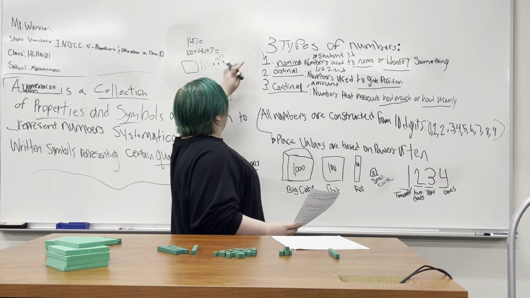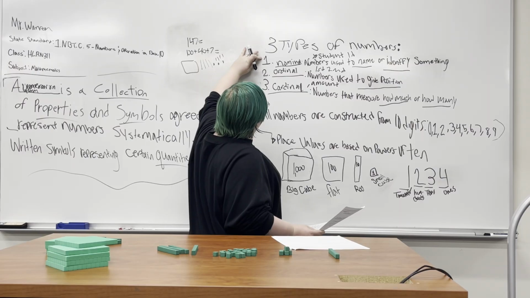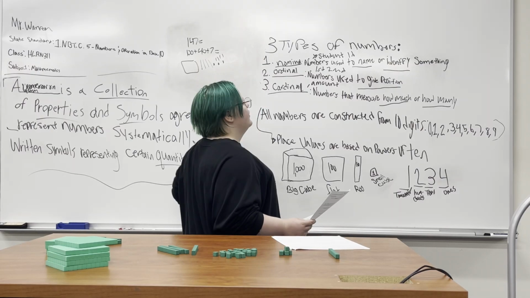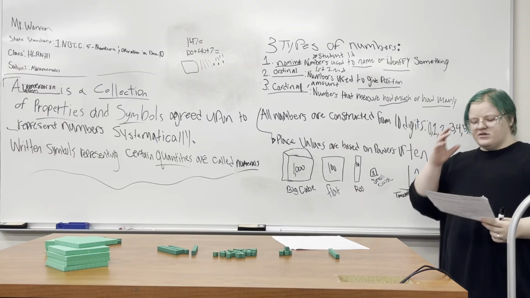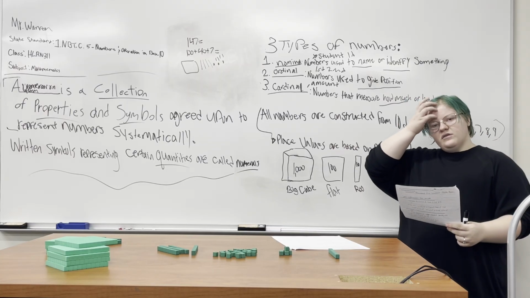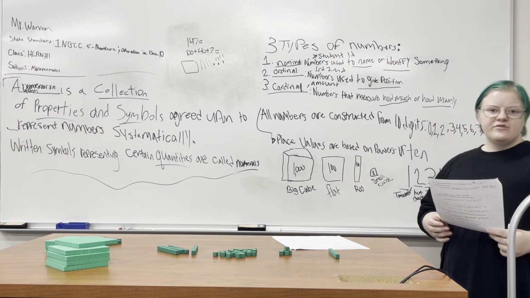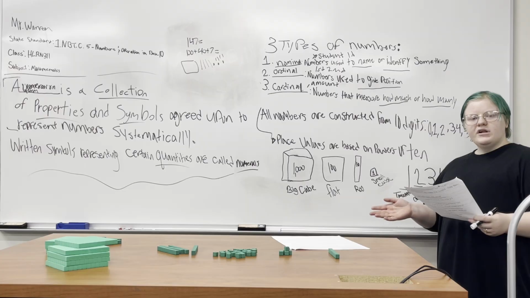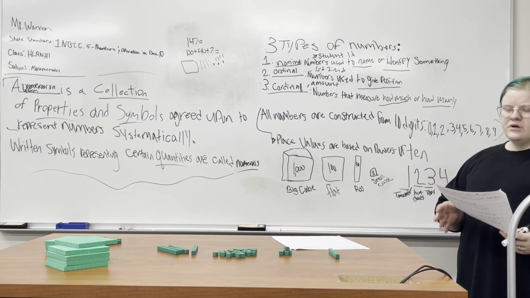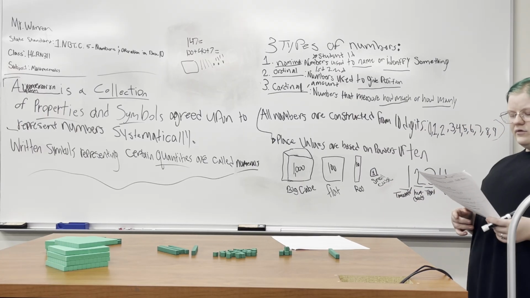Now, stepping into the next domain, we have three types of numbers. First are nominal numbers. These are numbers that are used to name or identify something. This could be your home address, your student ID, a social security number, if you know what that is, or a jersey number on the back of your sports jerseys.